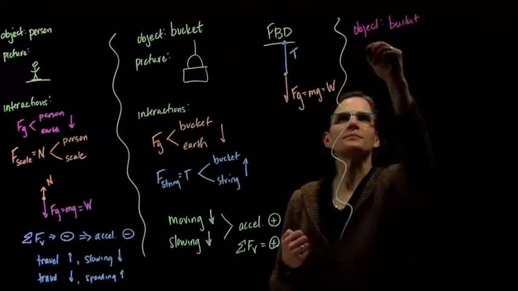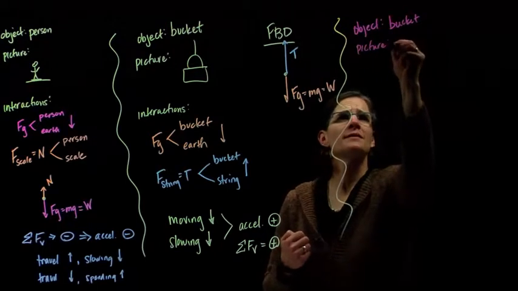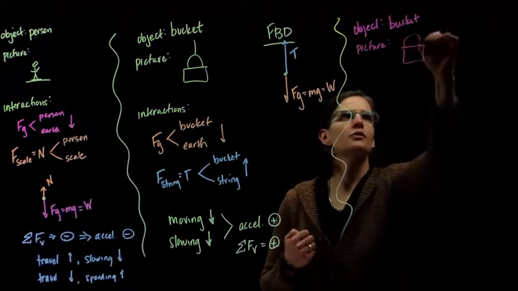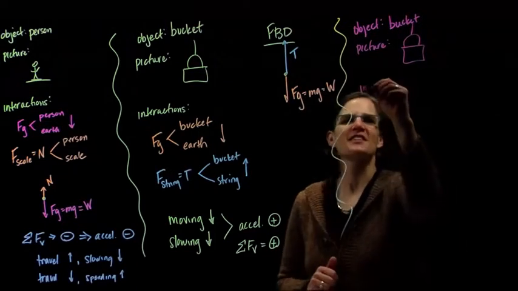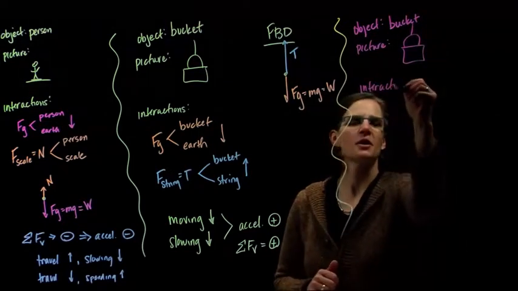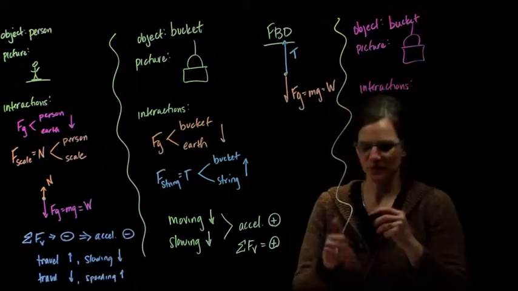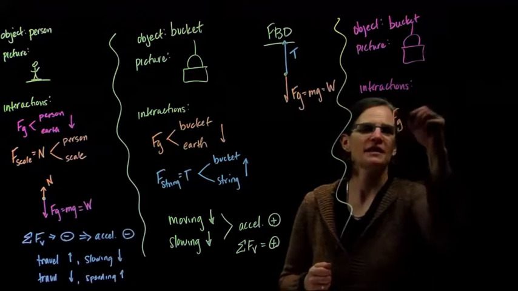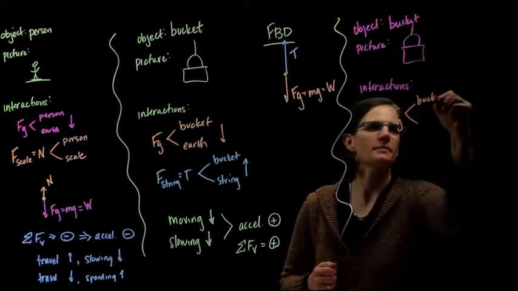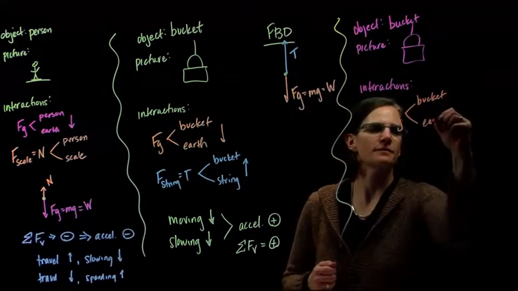It's the bucket. Let's draw our picture. There's the string. Okay, what are the interactions that are happening? So again, we're trying to think about those different interactions. We know there's gravity, so we have the force of gravity. That's between our bucket and the earth.